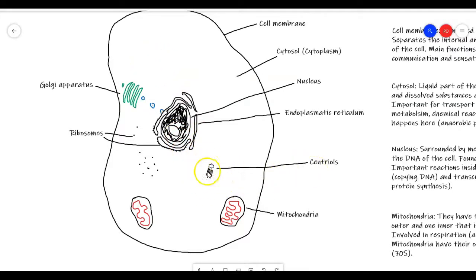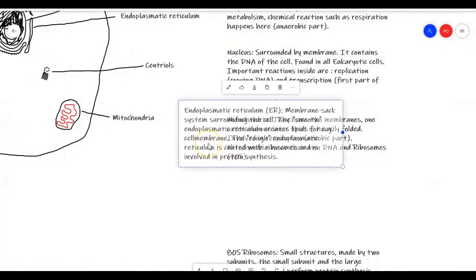Together they are called the centrosome, and they move to opposite sides of the cell, and then they send different protein strands to the chromosomes in here and separate them in mitosis. They also help separate the different parts of the different organelles in the cell. So very important for cell division.